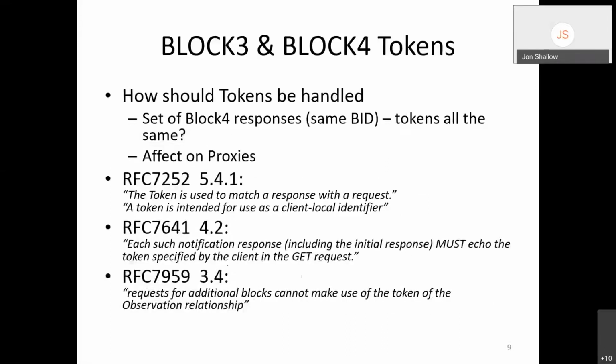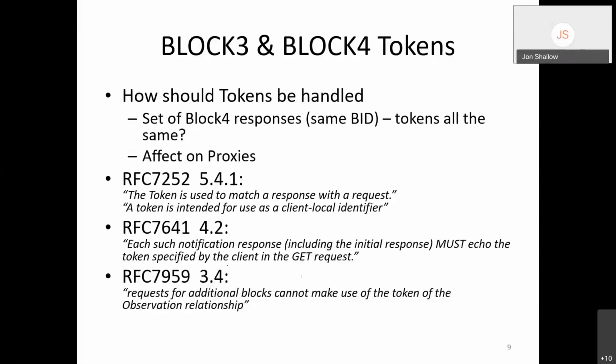We have a challenge with tokens in how they should be used or not used, as the case may be. Essentially the token matches a response to the request so that the client can work out what this particular message that's come back is associated with. If we're going with the block 3, block 4 type stuff, there are no more additional client requests going upstream with block 4 because all the block 4s are coming back.